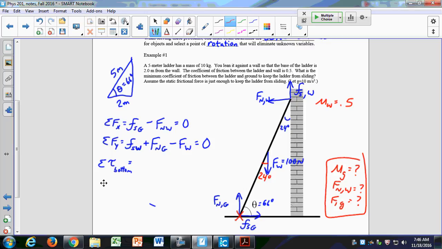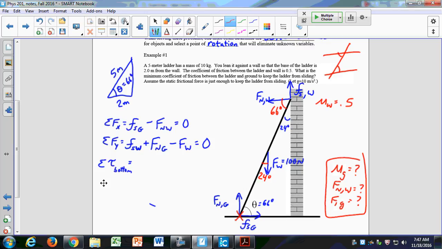This angle right here is 66 degrees, because I have two parallel lines. And this angle then will equal this angle. I think those are complementary angles. This angle and this angle are equal, which is the same as saying these two angles are equal.